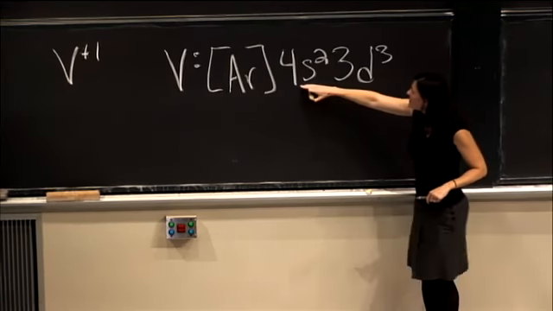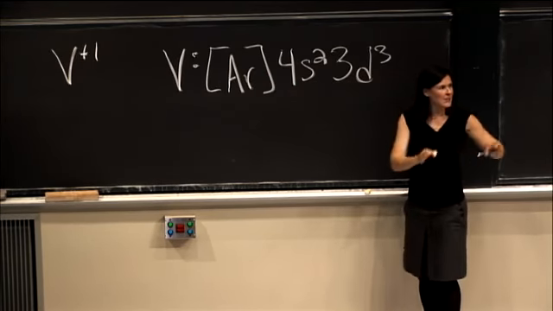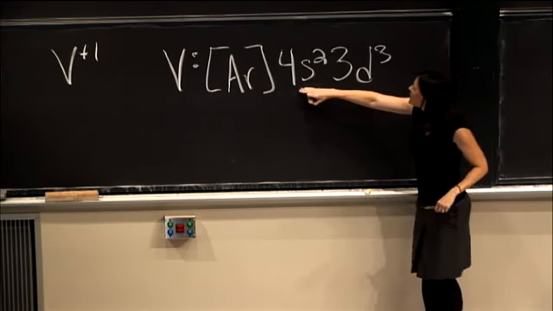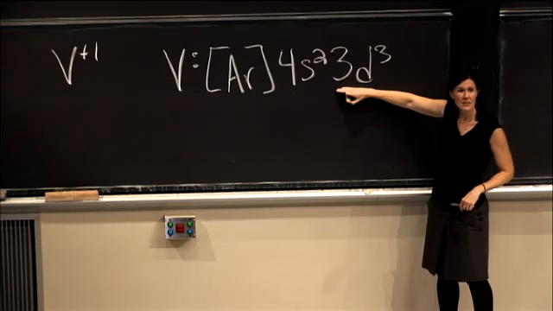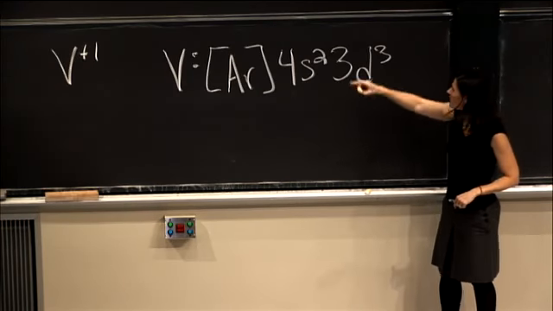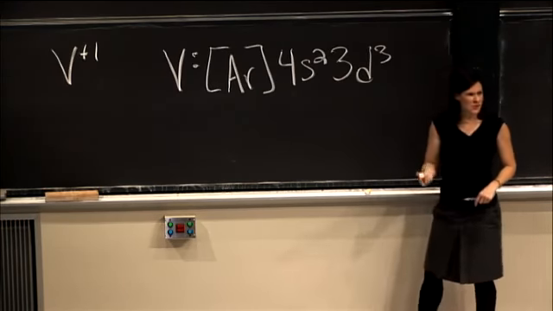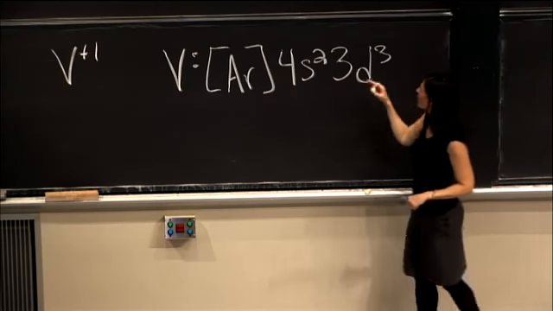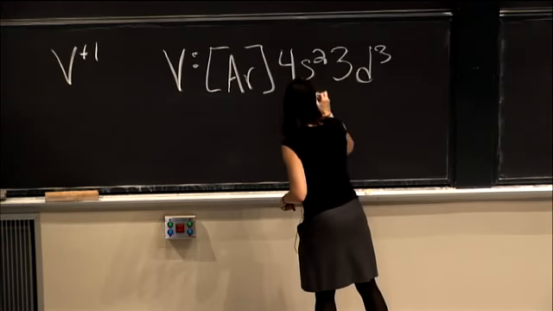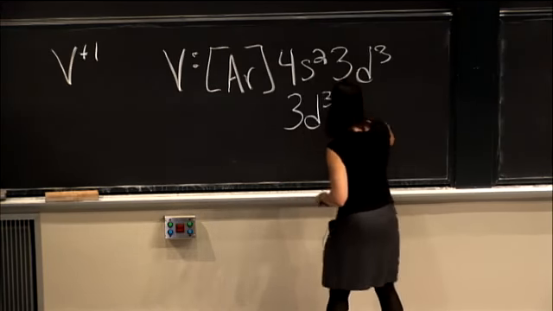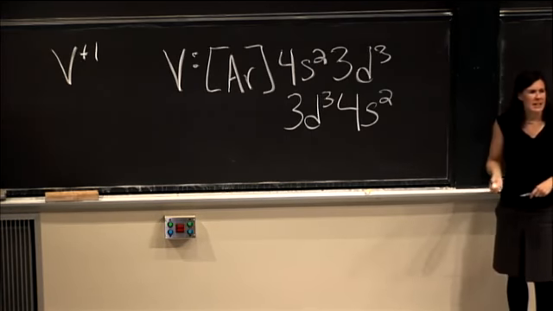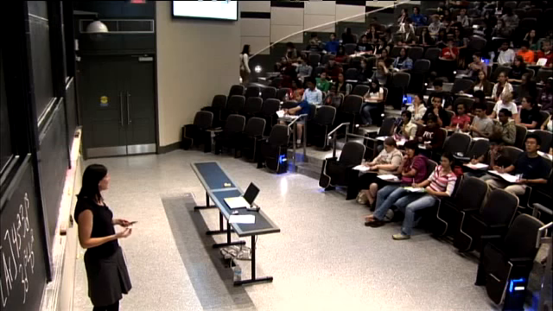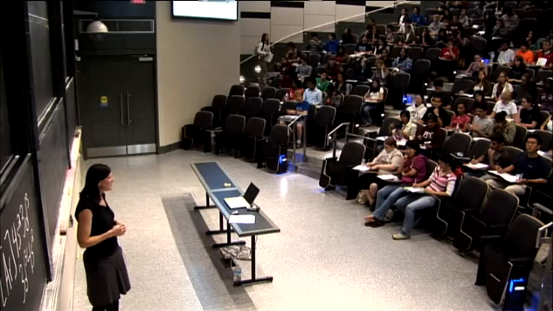But remember what we said at the end of class on Friday: even though 3d is higher in energy when it's not filled, once we fill it with electrons, these two orbitals actually switch places in terms of energy. So if we write this in terms of energy, we would rewrite it as 3d3 and then 4s2. Which orbital would we take an electron out of if we were ionizing this atom? The s.